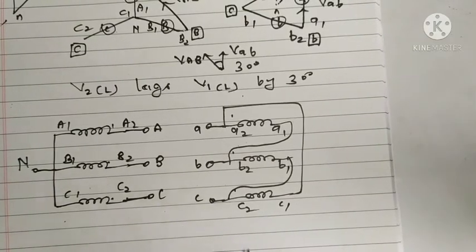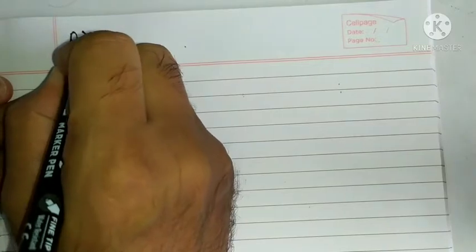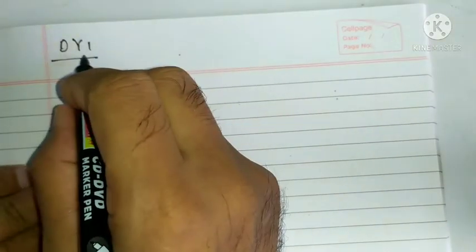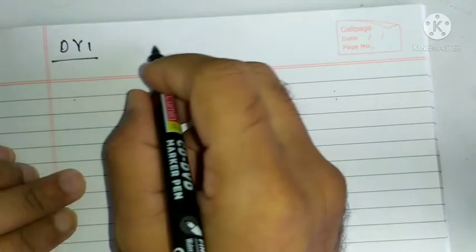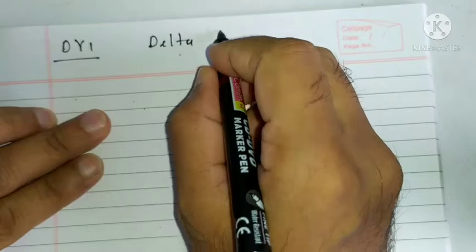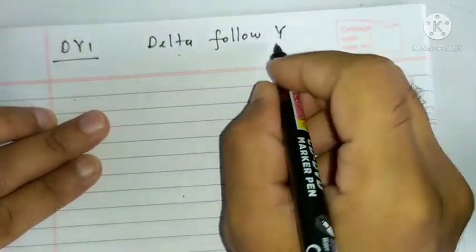Let us go for the DY1 connection. DY1, mind you, is delta and star connection, so delta always follows star, right?